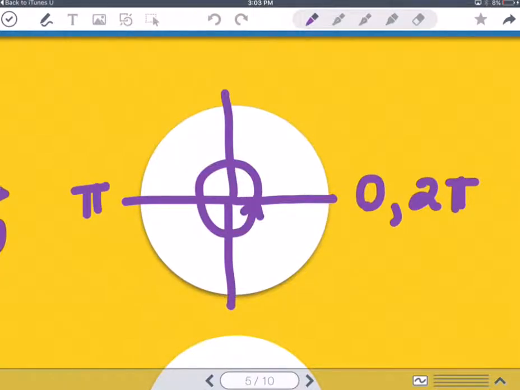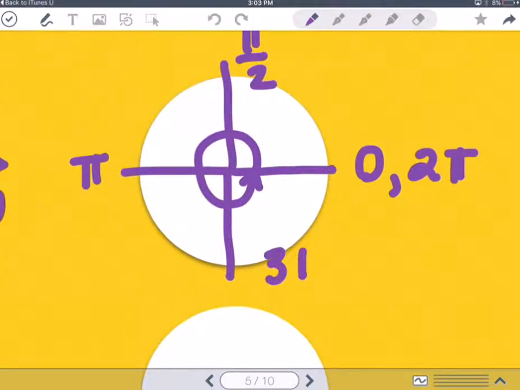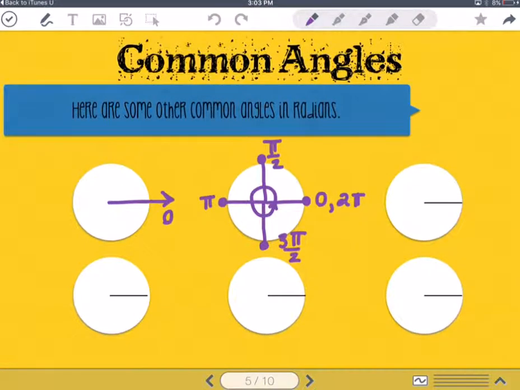Halfway between 0 and pi is going to be pi over 2. And down here, this would be 3 pi over 2. So how you can think of it is 0, 1/2, 1, 1.5, 2. Alright, so this is when we split it into quarters.